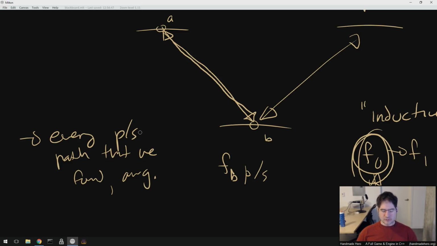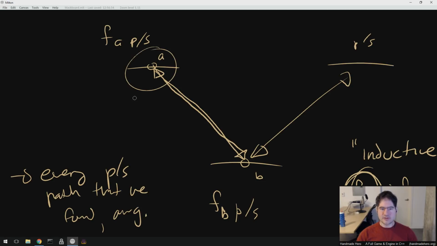So we basically say, well, if I saw this guy, let's say this is f of c, and this was a certain photons per second, and I saw this guy, and this was a certain photons per second, then obviously, and when I say average, I mean using the cosine influx, so we're going to weight based on angle, certainly. Averaging those together should give us the photons per second inbound at this point. It's not addition, it's an average.